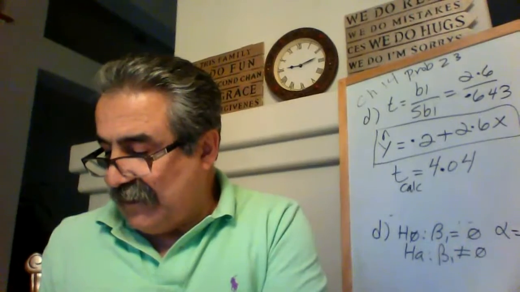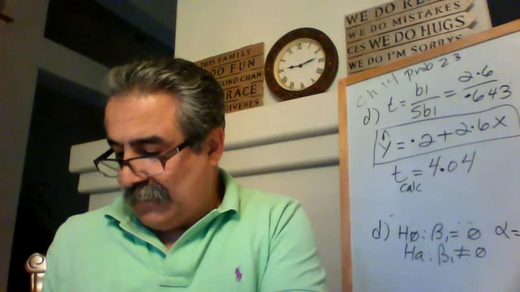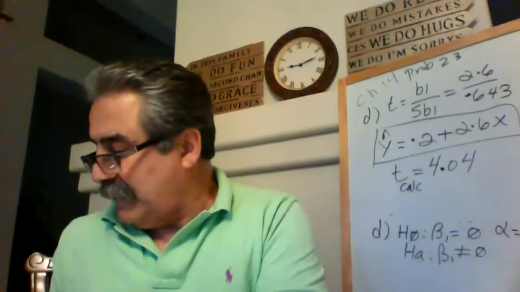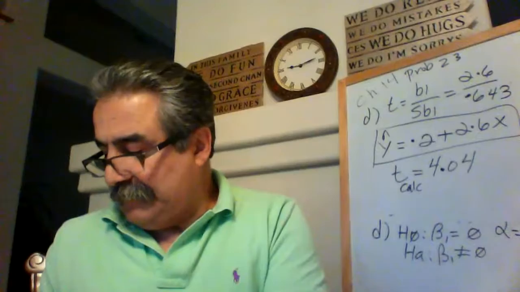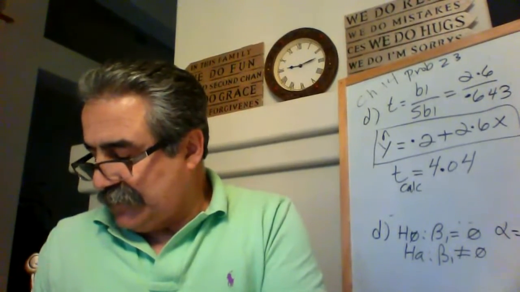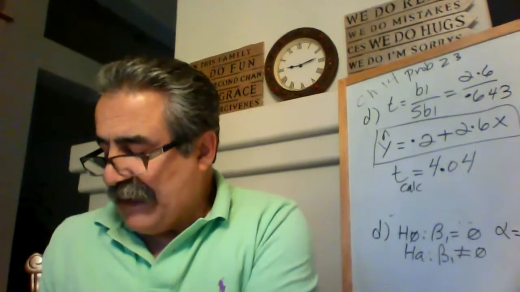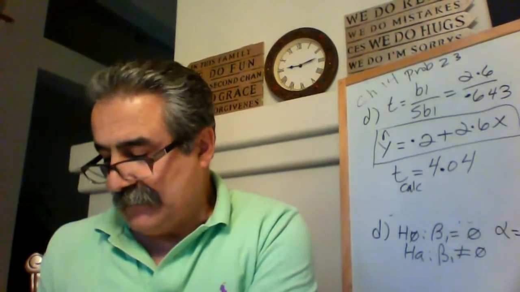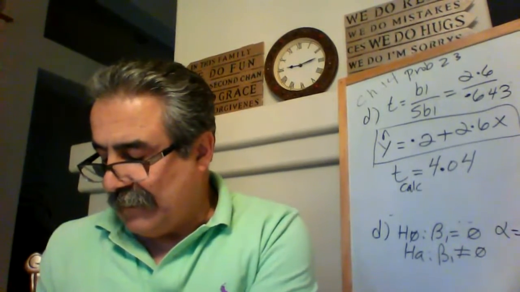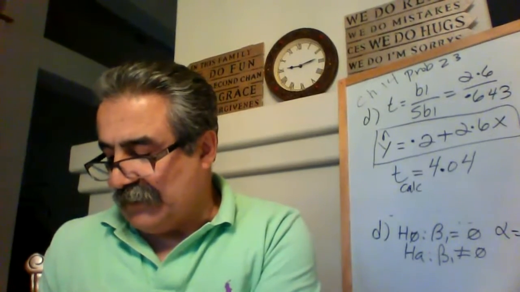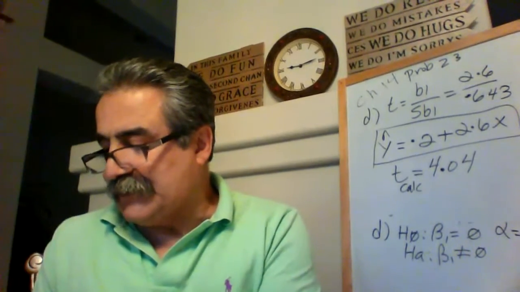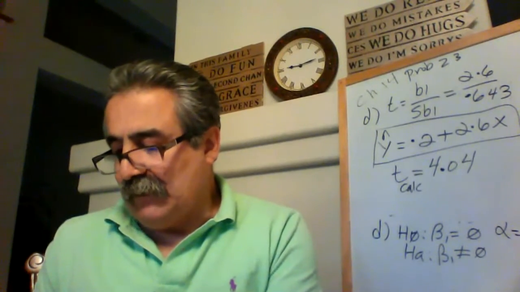The degrees of freedom: we have n equal to 5 minus 2. So for the t of the given alpha, go to the t distribution table.